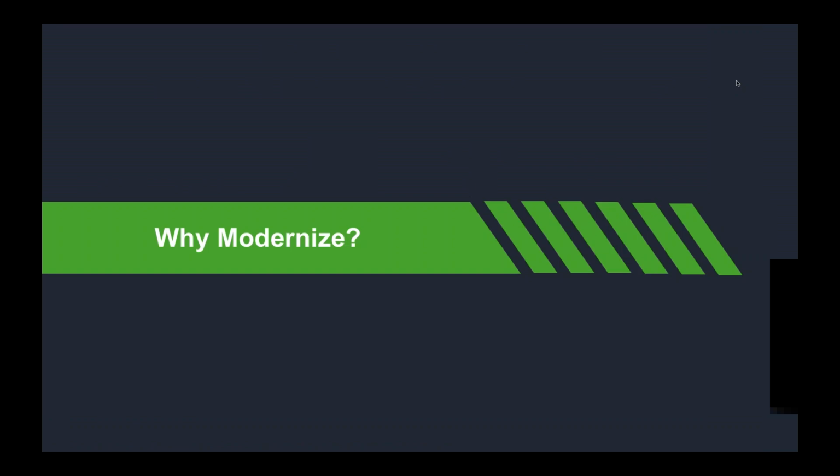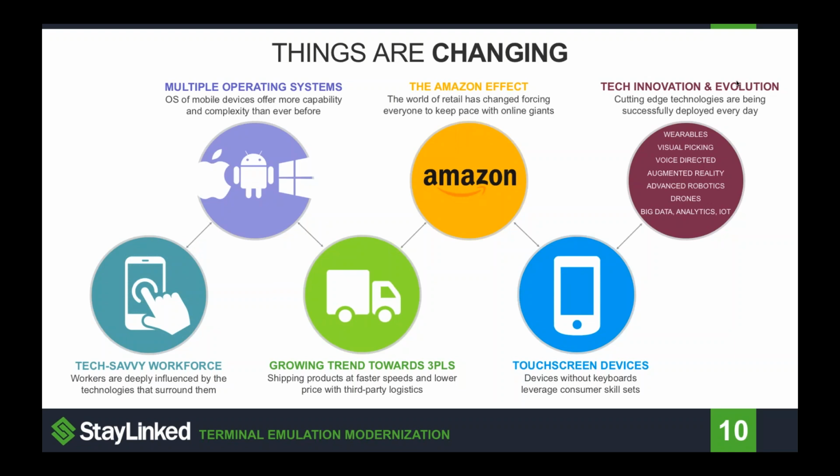So with that being said, let's talk about what we're here to talk about, modernization. There's a lot changing in our markets in transportation and logistics and warehousing and the like. There's a lot of factors influencing them. For instance, the Amazon effect.